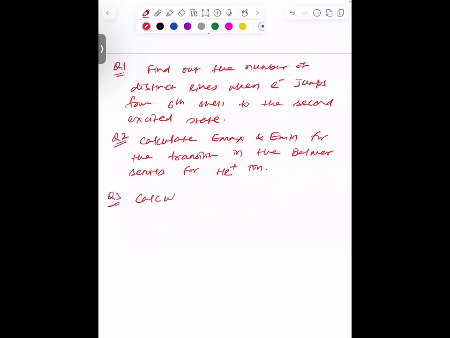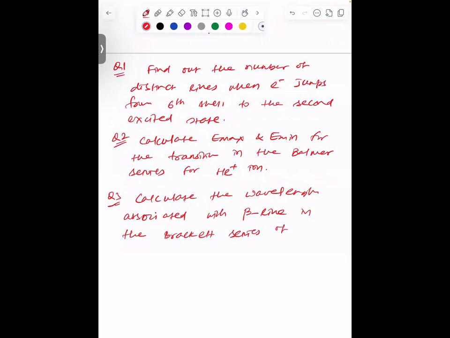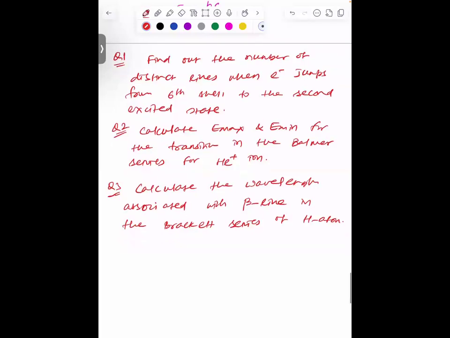Third, calculate the wavelength associated with beta line in the Brackett series of hydrogen atom. So take some time, note down the questions, then solve.